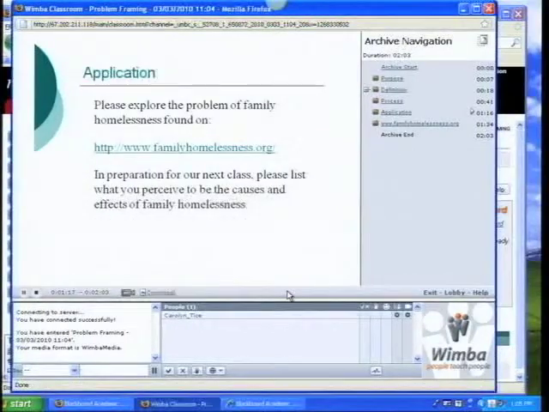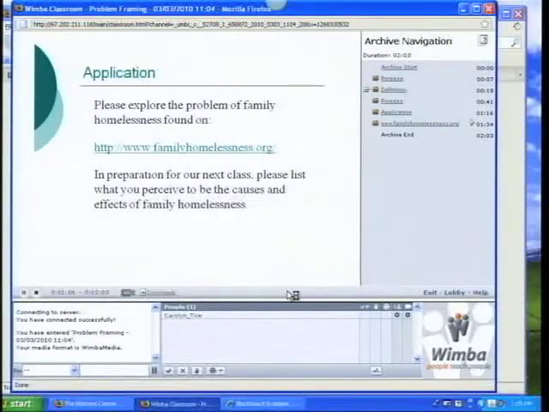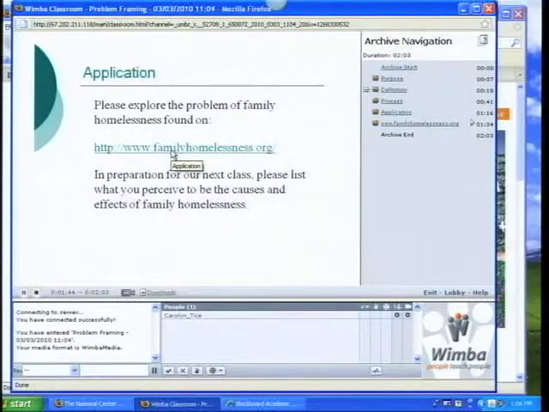Once you understand the process, I ask that you visit the website I provided for you. In preparation for our next class, visit the website and consider all the causes and the effects of the problem of battling homelessness. And to help you examine homelessness, I've provided you with the front page of a website that I ask that you visit. Thank you so much, and I look forward to seeing you in our next class.